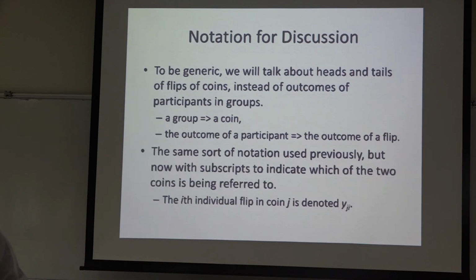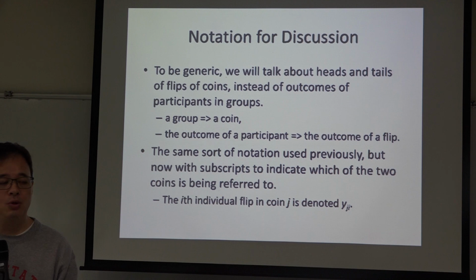Each group represents a coin, and the outcome of one participant is the outcome of a flip. The same notation that we used previously can be applied here, but now we have to use a subscript to indicate which of the two coins is being referred to, because now we have two coins.